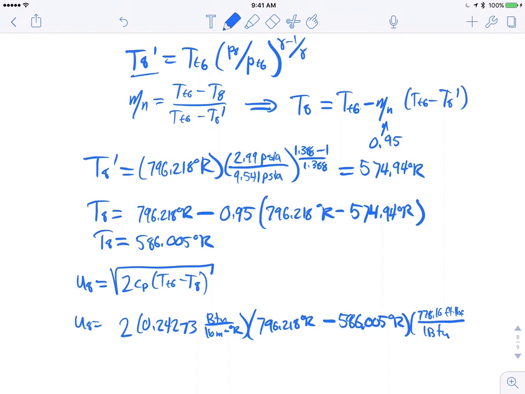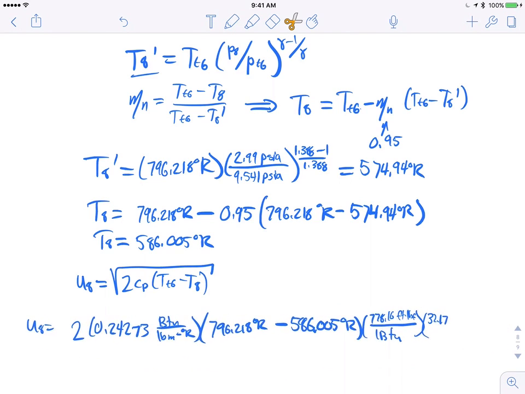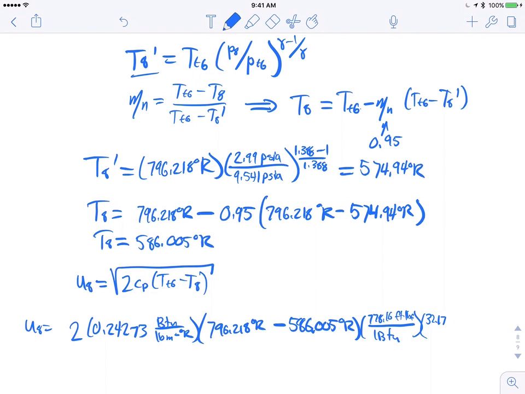And then we also know that we'll have 32.17 pounds mass feet per second squared per 1 pound of force.